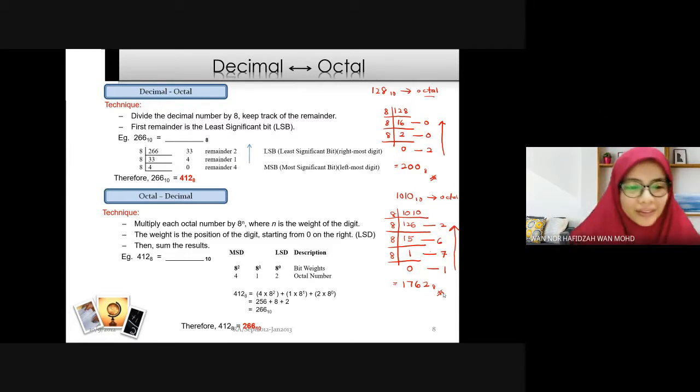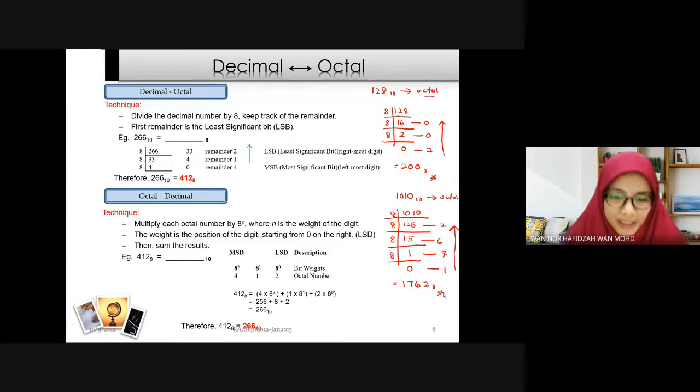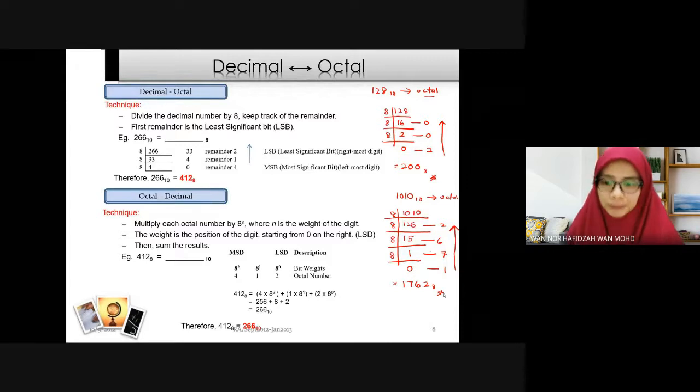And then from octal to decimal, we saw earlier: multiplication of octal number by 8 to the power n, where n is the weight of the digit, starting from the LSB.